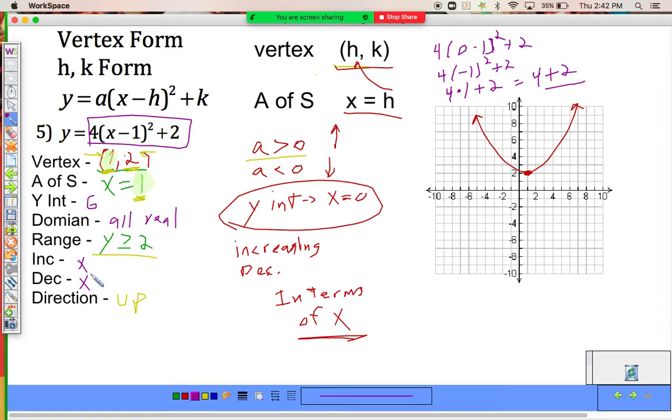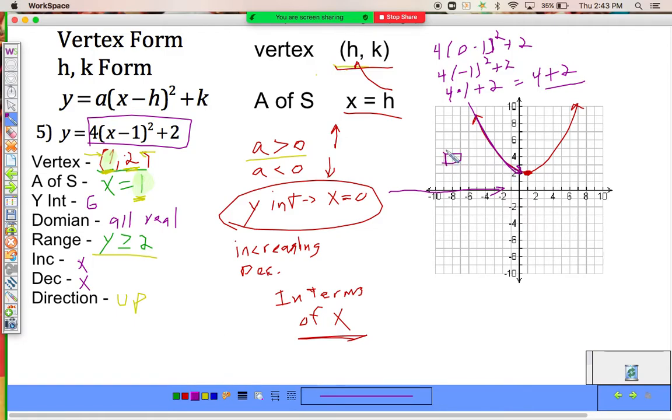All right, so we're going to look from the left to the right. I'm going to start over here on the graph. As I start going to the right, reading it from left to right, is my graph increasing or decreasing on that left side? Is my graph going down from left to right, or is it going up? It's decreasing, absolutely.